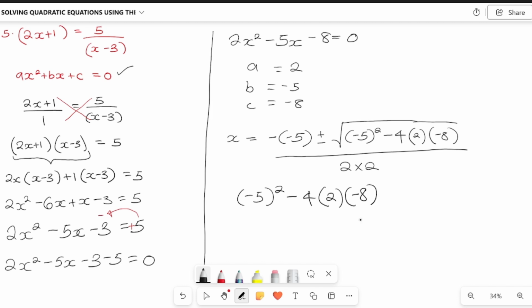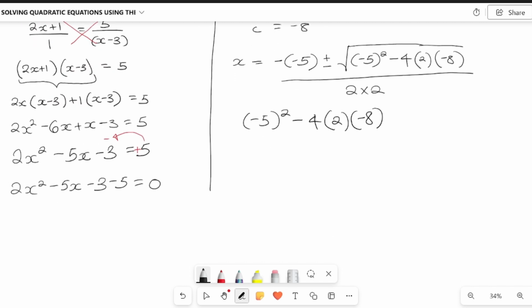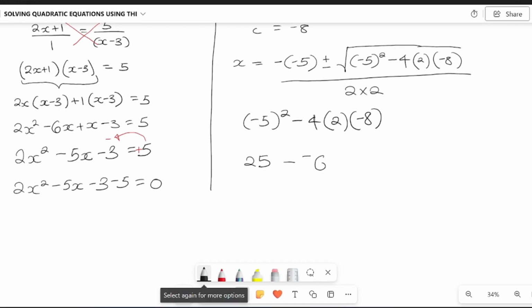times negative 8. Negative 5 squared is equal to positive 25. And negative 4 times 2 times negative 8 is equal to negative 64. Now, 25 minus 64 is equal to 25 plus 64, which gives us 89.